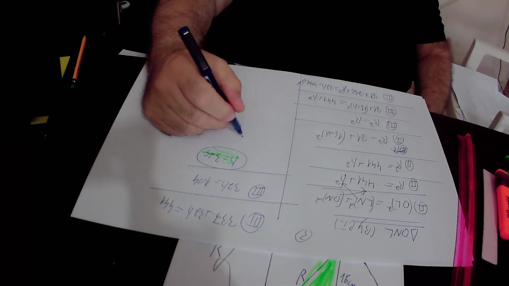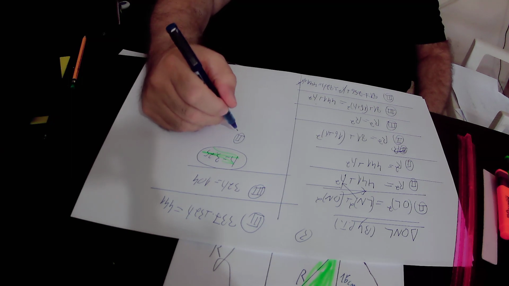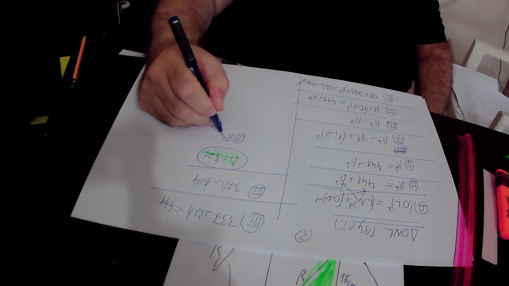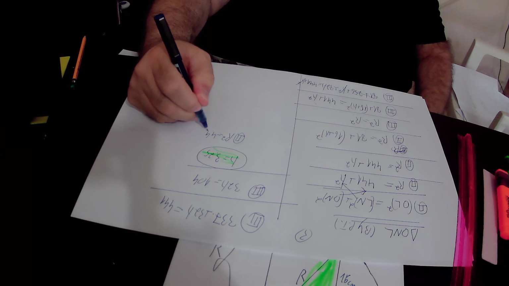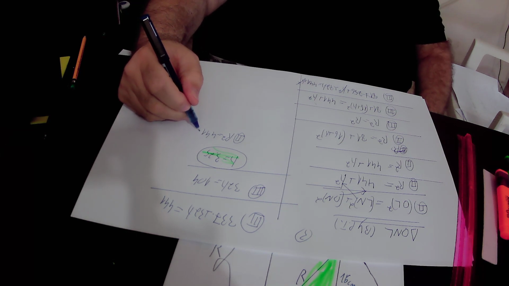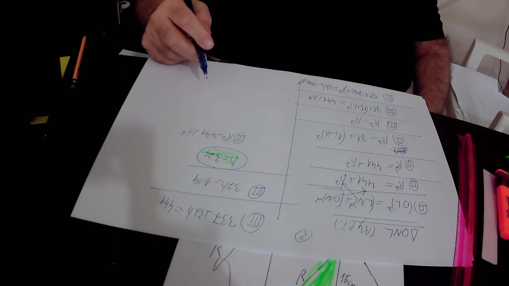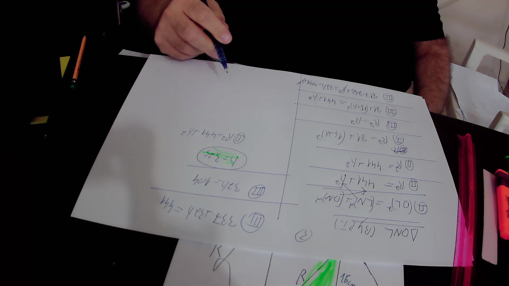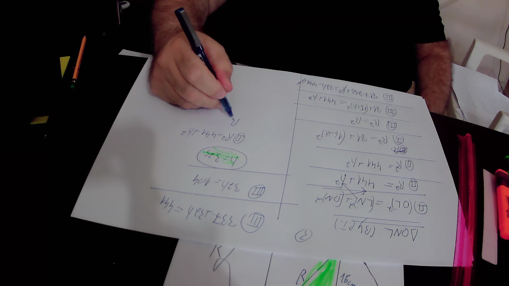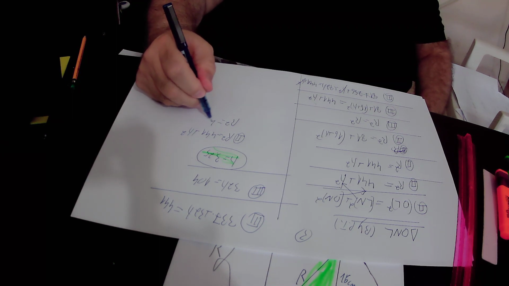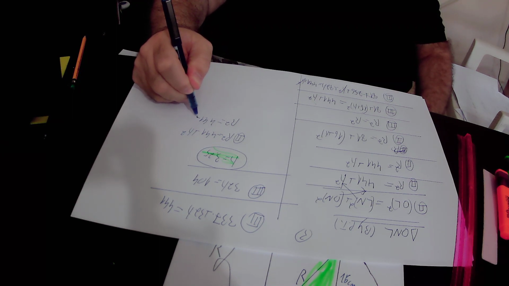According to equation number 2, r squared equals to 441 plus h squared. So we'll substitute h by 3.25. So r squared equals to 441 plus h squared.